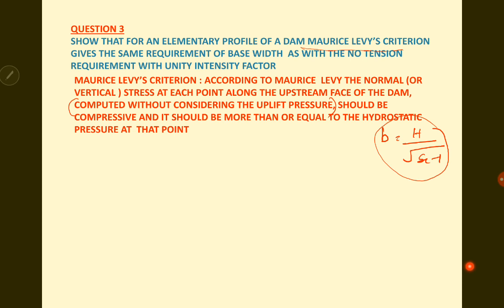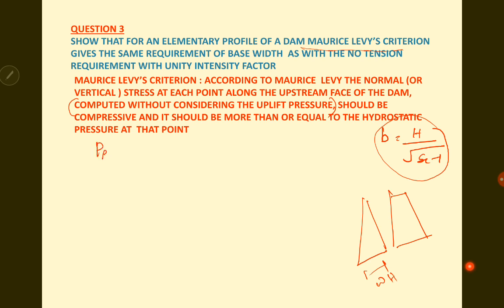So what is the hydrostatic pressure at that point? Hydrostatic pressure at the upstream side will be equal to W into H. This W into H can be equated to the compressive stress at the heel. What is the compressive stress at the heel?